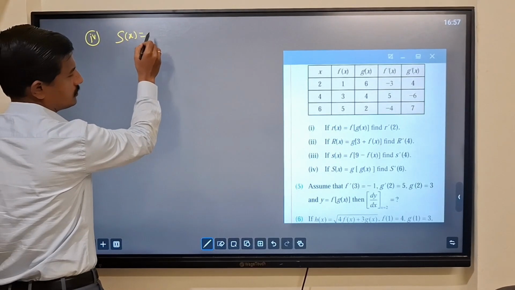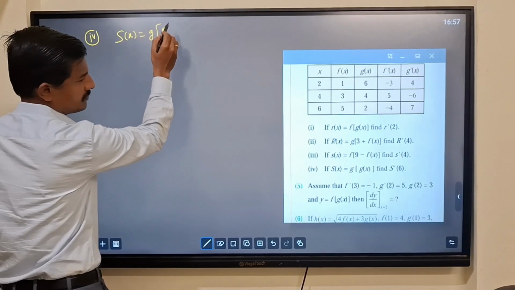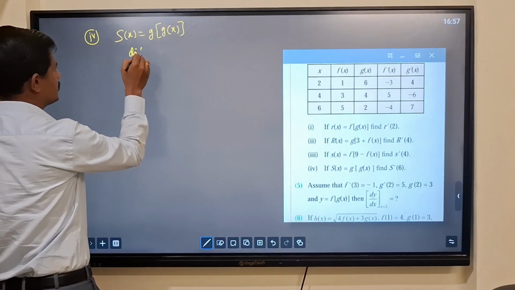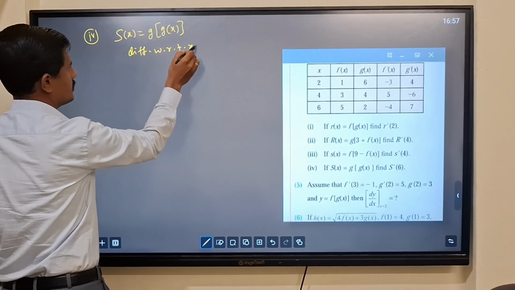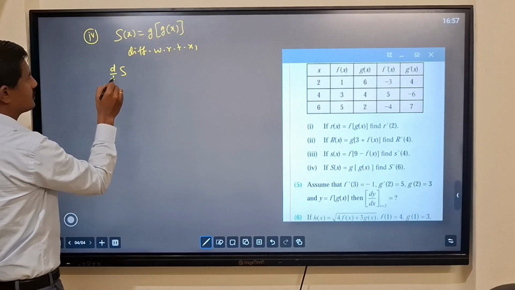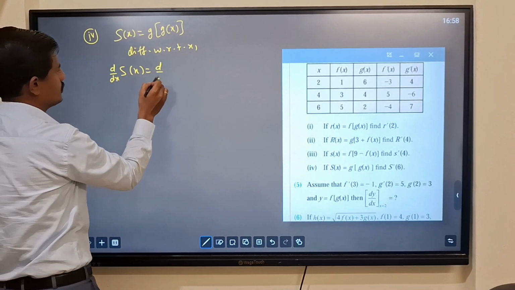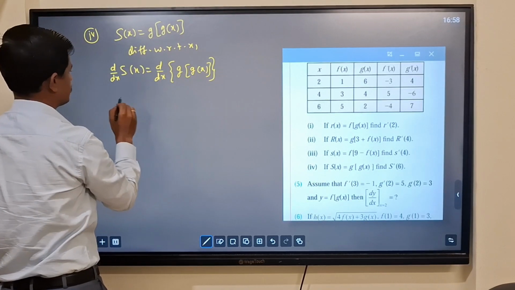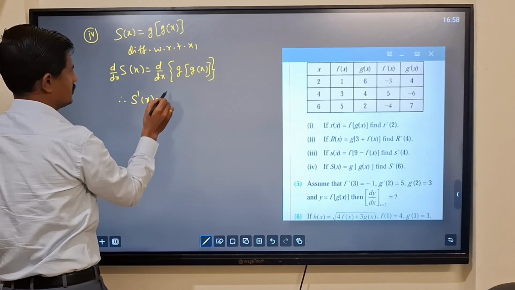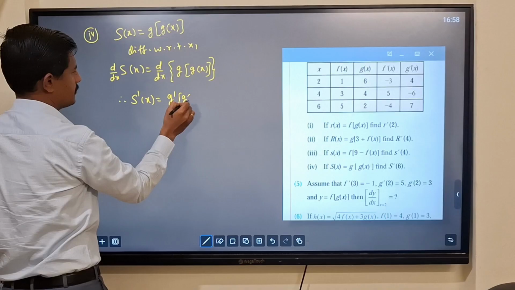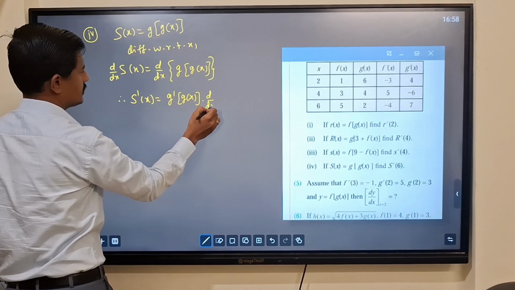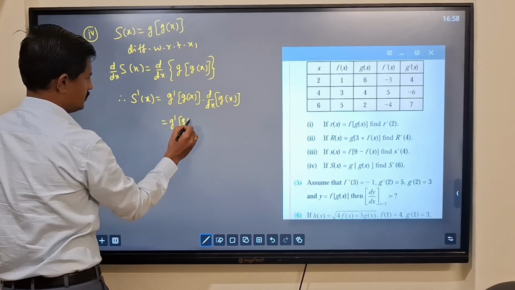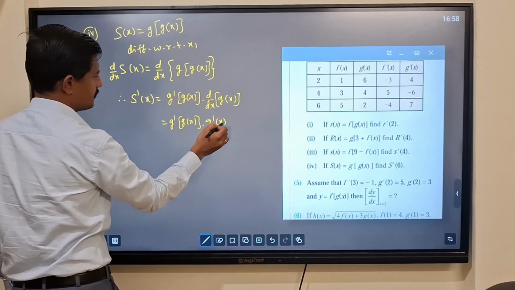Okay. Now next, s of x equal to g of g of x. We find s prime of 6. Therefore, differentiate with respect to x. This becomes d/dx of s of x equal to d/dx of g of g of x. Therefore, s prime of x equal to g prime of g of x into d/dx of g of x, which is g prime of g of x into g prime of x.